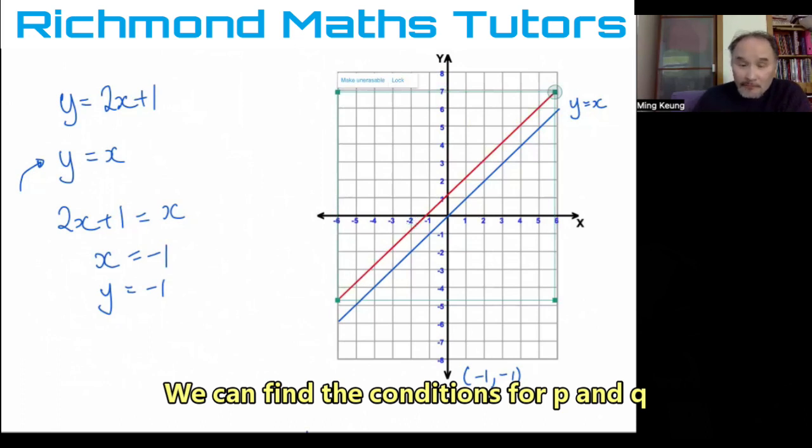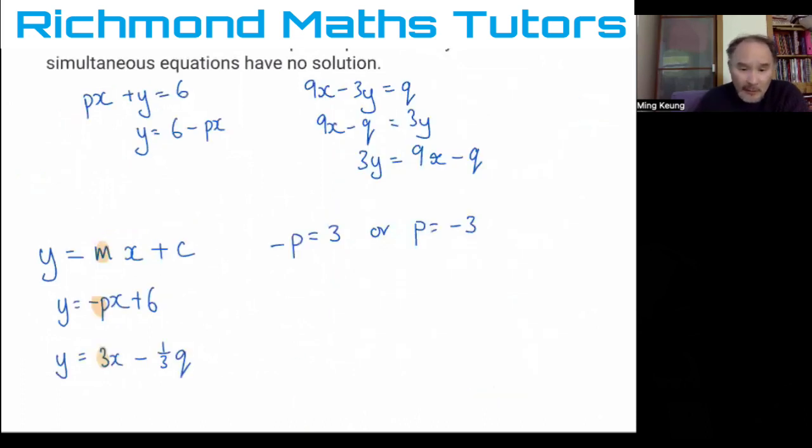So let's go back. So the c part, well, is here, here, and here. So the c part cannot be equal to each other. So minus 1/3 q cannot equal 6, which means that minus q cannot equal 18, and q cannot be equal to minus 18.